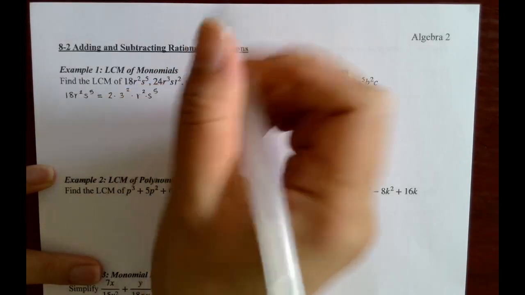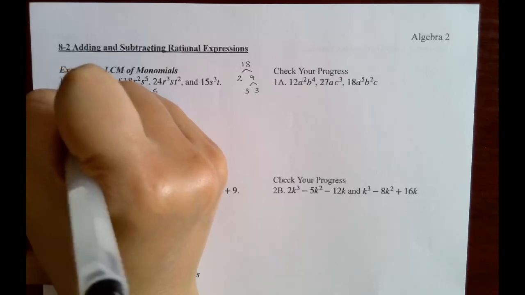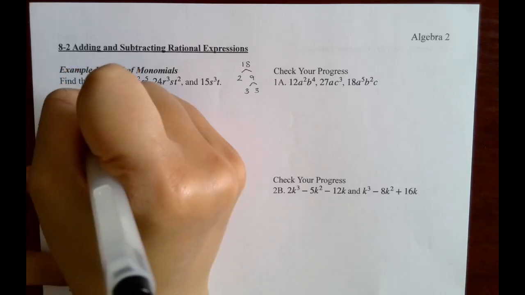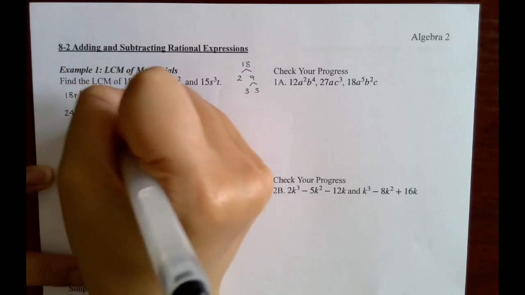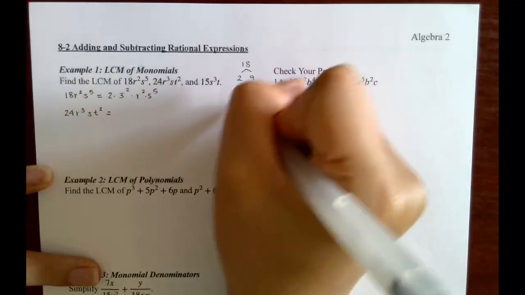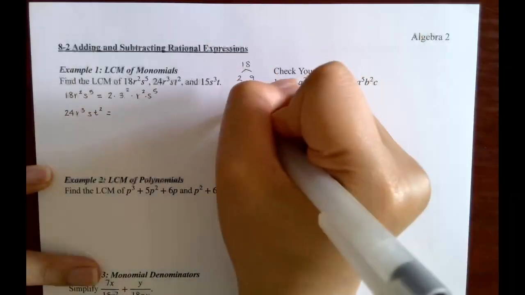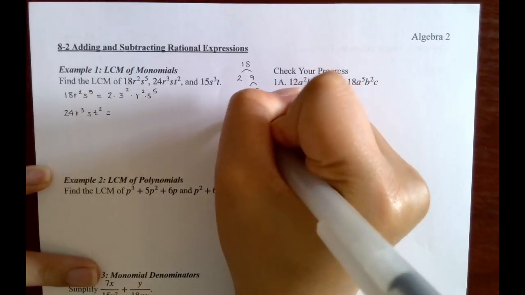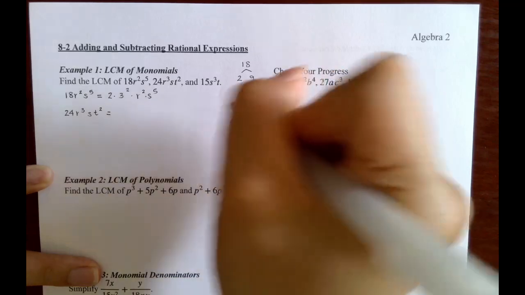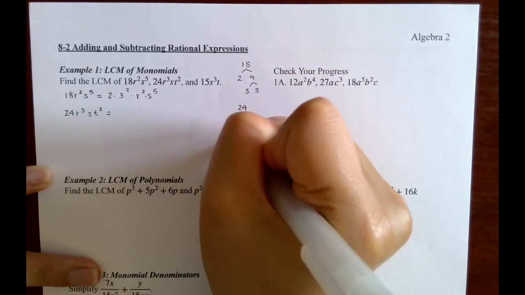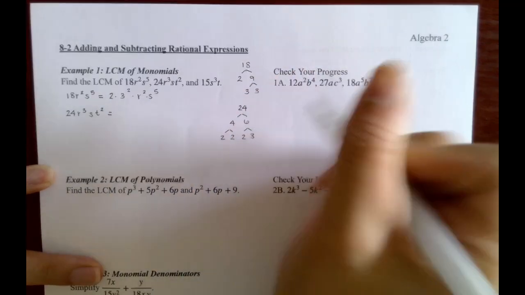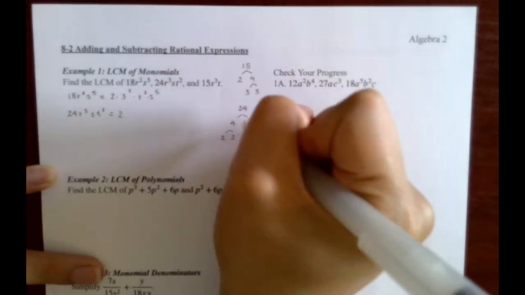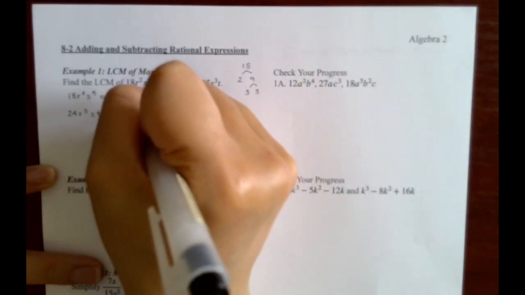Next one here is 24 r cubed s t squared. If we were to do a factor tree for 24, 4 and 6, we have 2, 2, 2, and 3. So that would be 2 cubed times 3.